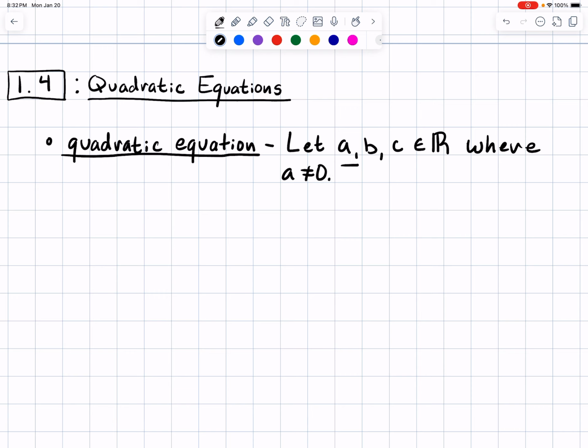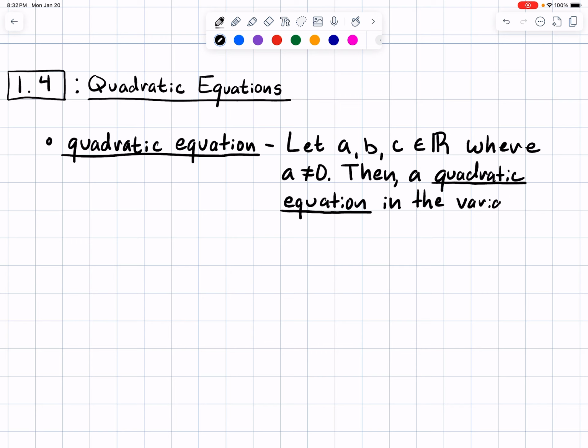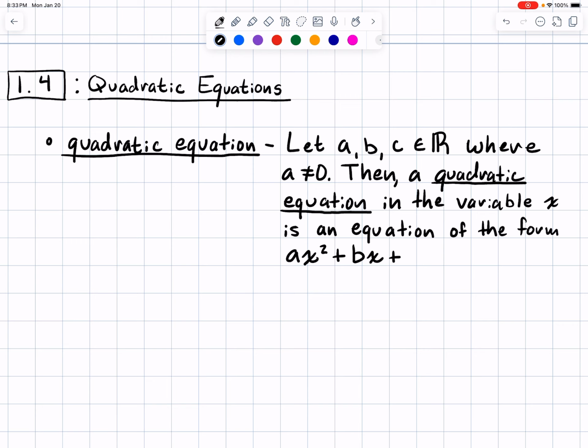Then a quadratic equation in the variable x is an equation of the form ax squared plus bx plus c equals 0.